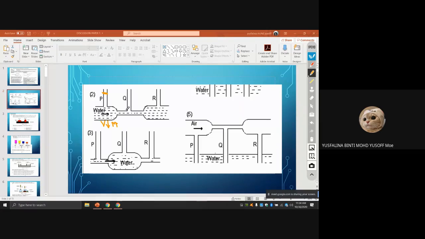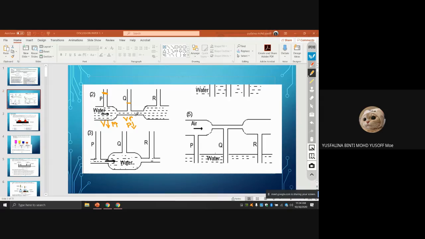At this level, you can see that because the tube becomes narrow here, the velocity is higher, so the pressure will become lower. So the water can only rise until here because the pressure is lower, so the water cannot rise higher.